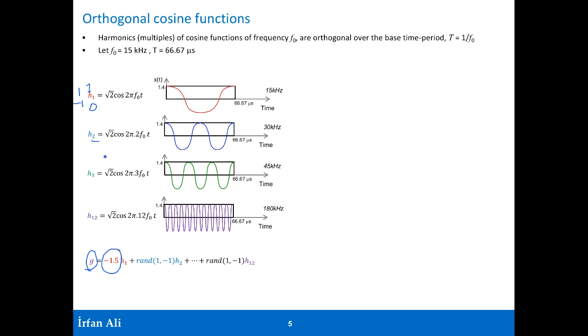Instead of 1 and -1 for the H1 component, we took the multiplication factor alpha 1 to be equal to 1.5, and for all the subsequent 11 harmonics these are random, either +1 or -1, and we summed it up.